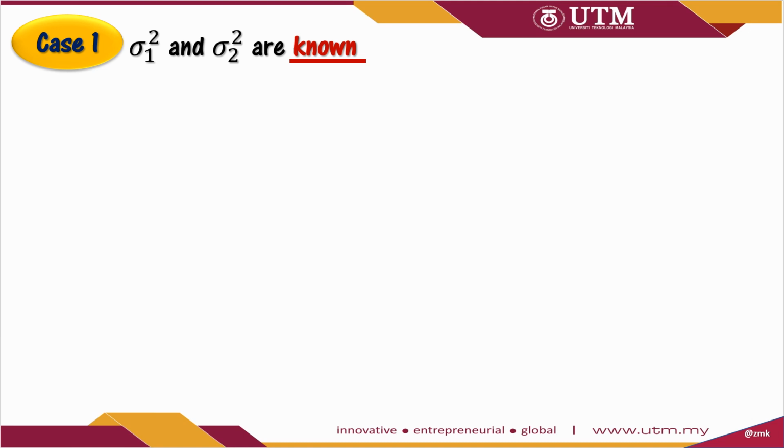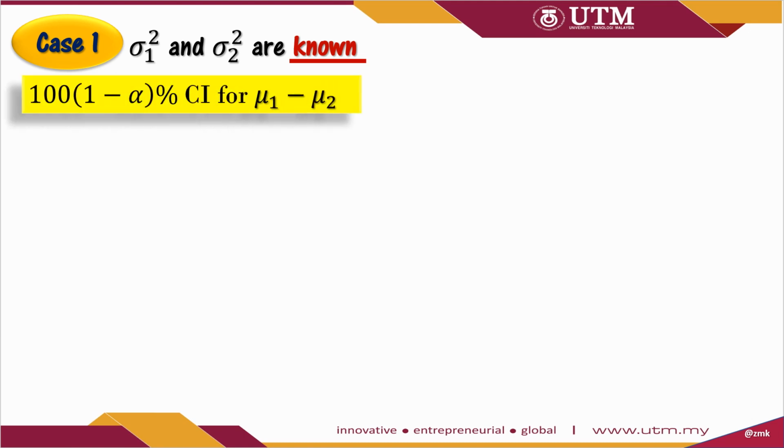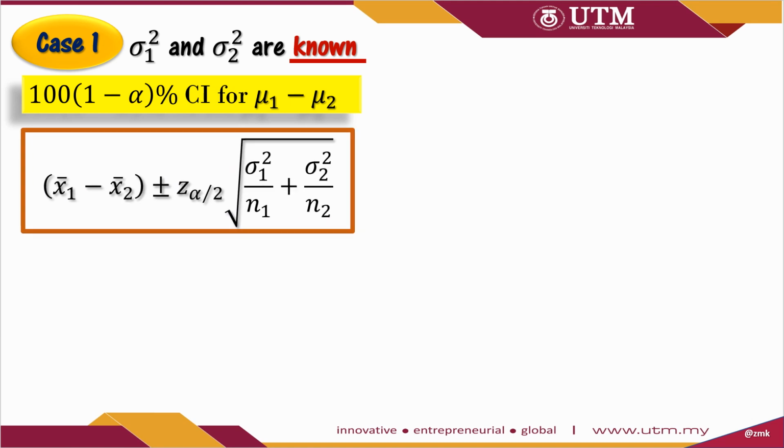That is, the two-sided 100 times 1 minus alpha percent confidence interval for mu1 minus mu2 is x bar 1 minus x bar 2 plus minus z alpha over 2 times the square root of sigma 1 squared over n1 plus sigma 2 squared over n2.